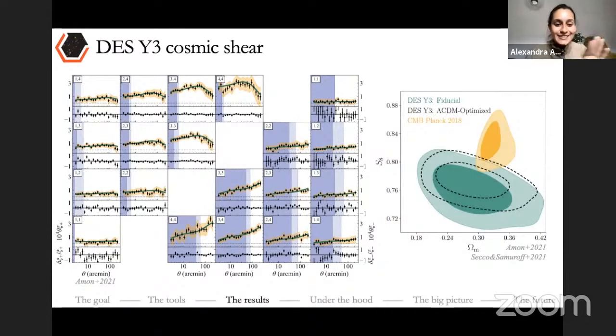So on the left-hand side, you can see this blue shaded region. We discard all of those measurements because we think we cannot model them safely, and this throws away a lot of constraining power. So we pushed that back a bit more to give you the darker blue shaded region, and that gives you your lambda CDM optimized analysis. And it really improves the precision of the cosmology constraints by about a factor of 1.5.